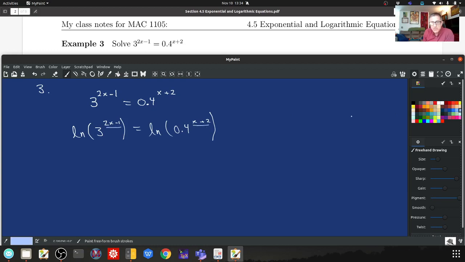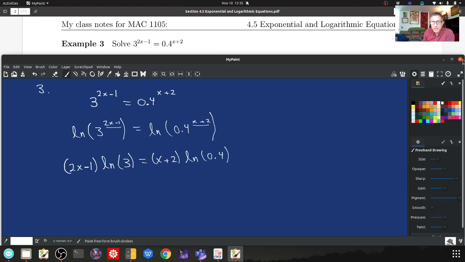And this is also my exponent. So by the log property I just mentioned, I can bring the exponent down in front. And then this becomes just log of 3. And this is equal to x plus 2 times log of 0.4.